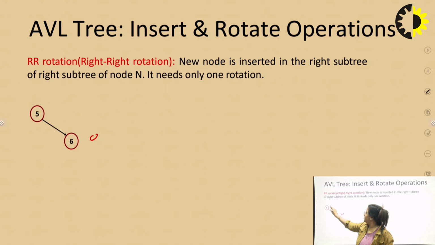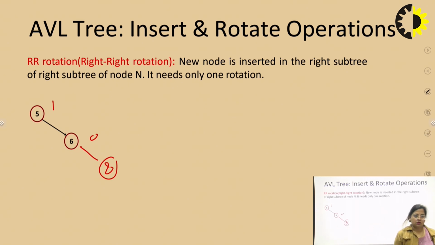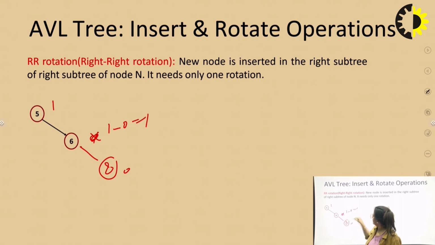Here the balance factor is right minus left, 1 minus 0, which is 1. So the balance factors 0 and 1 are okay, and no rotation is required here. But you want to insert a new node, 8. So according to this, a rotation is needed. Now check the balance factor again. The balance factor of 8 is 0. The balance factor of 6 is right minus left, which is 1.